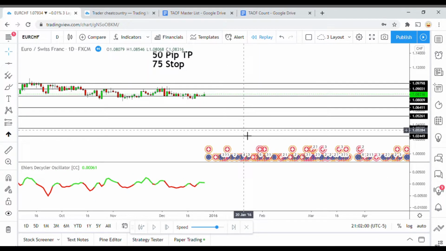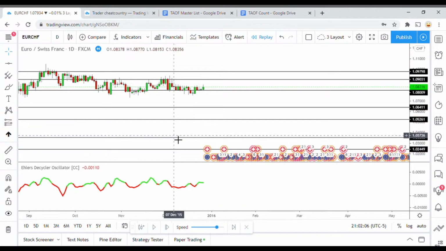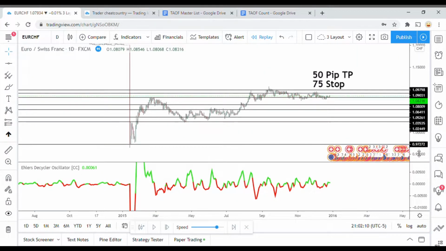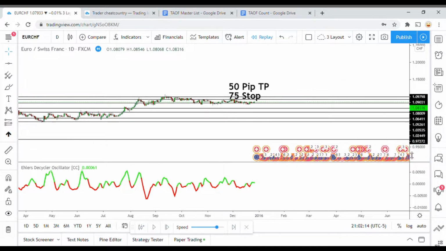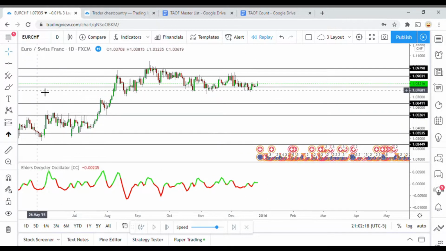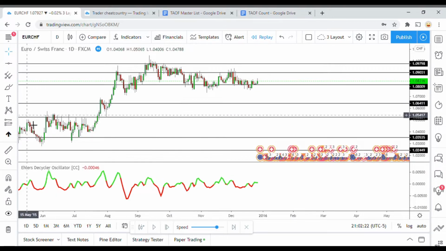All right. Now, unfortunately, this is really closest to 2016 that we're going to be testing. Back in 2015, we had a super crazy drop on the euro during the whole Brexit type stuff going on, so we can't get a real great look at price action back then.